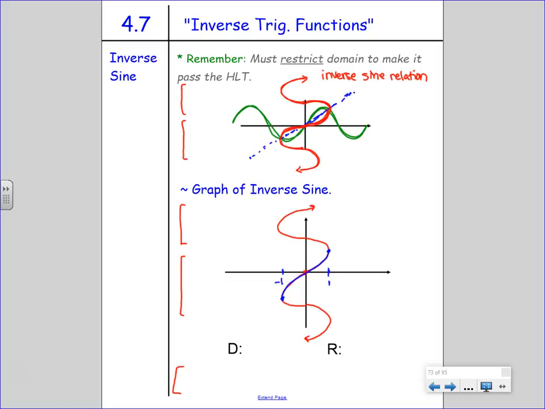So we're cutting our graph to go as far to the right as possible, which is 1, as far to the left as possible, which is negative 1, as far up as we can go before it starts to fail by doubling back and failing the vertical line test, and as far down as it can go without doubling back.